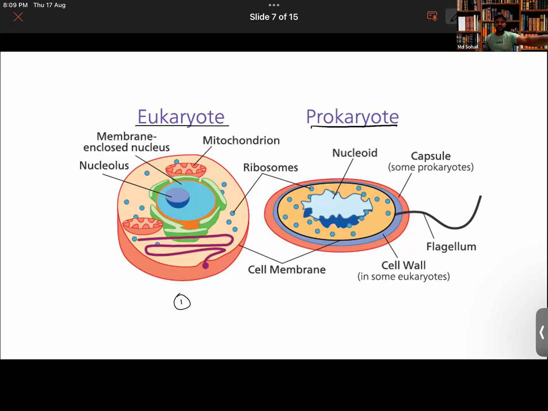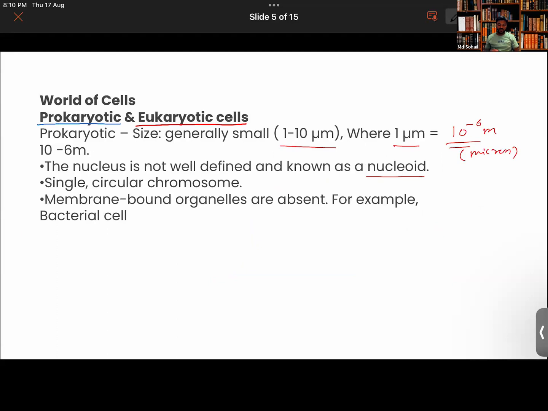So basically, you will see that the boundary of the nucleus was also not well defined, right? There were slightly lesser amount of cell organelles, which we will study in a moment. So the nucleus was not well defined, so it was called nucleoid. A well defined nucleus will look like this.